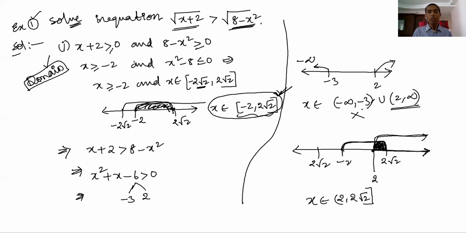If you take a solution other than in this interval, there is no use. So this is how we solve: first find the domain, then use the inequality sign and solve, and third, find the part of the solution which lies in this domain. Okay.